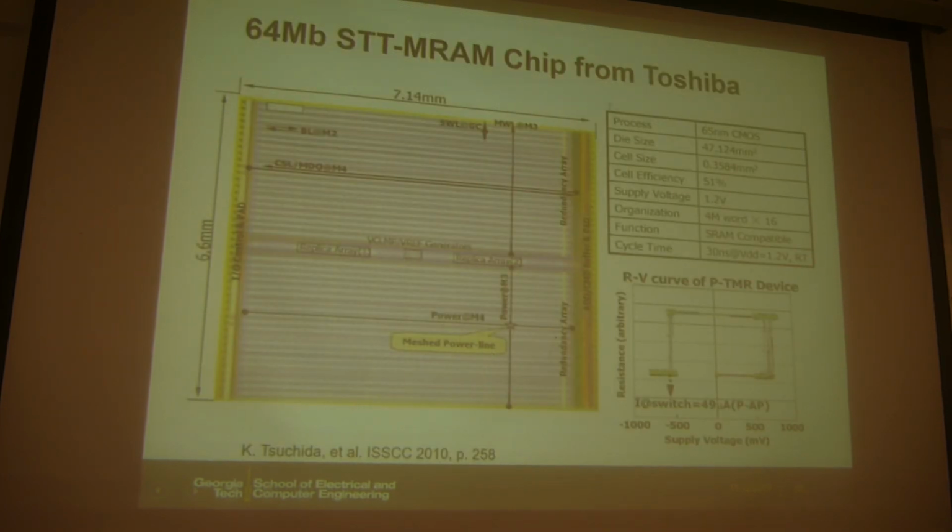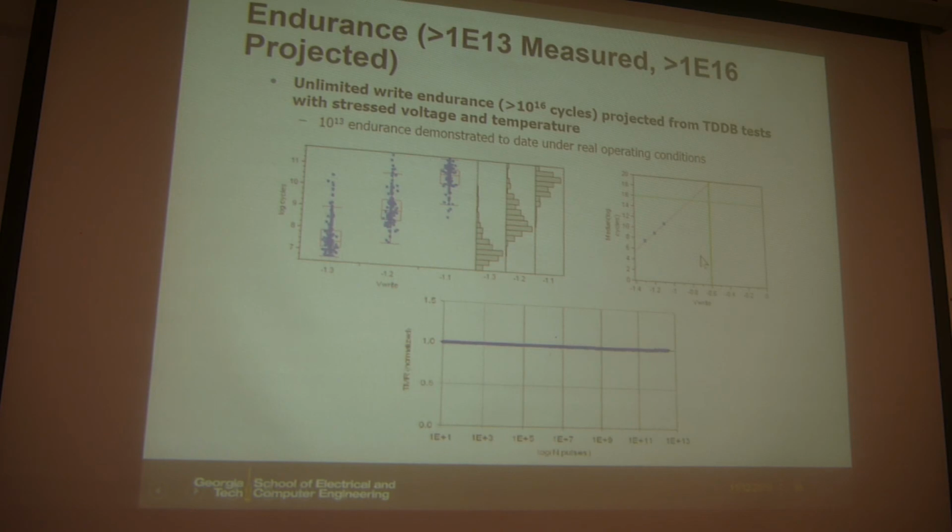And this is some later chip by Toshiba, 64 megabit STT-MRAM, and you can read all the specs here. I will skip the details. And then endurance measured to be very good, at least for those prototype chips. Recent Intel data show only about 10 to the power 6 because Intel is a very scaled technology, like the 22 nanometer node.